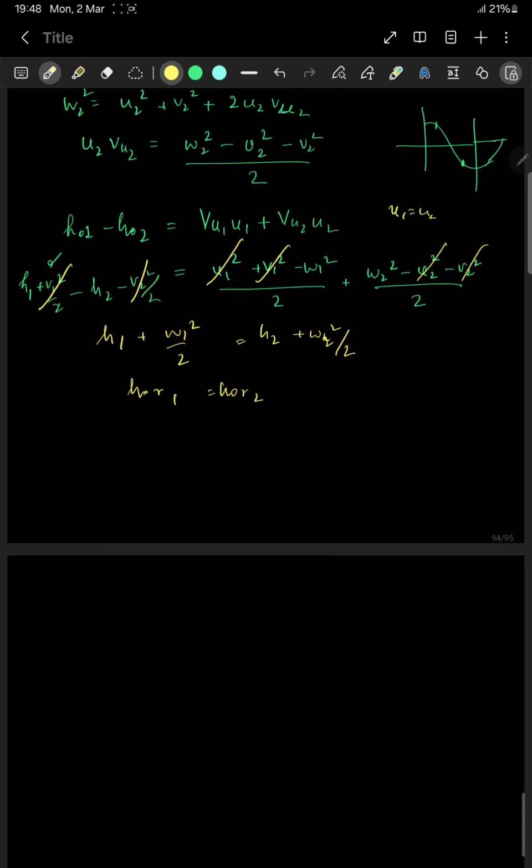Now we can write R is equal to the enthalpy change at the rotor by the enthalpy change in the stage, h1 minus h2 by h1 minus h3. h1 minus h3 we can write as h01 minus v1 square by 2 minus h03 minus v3 square by 2.